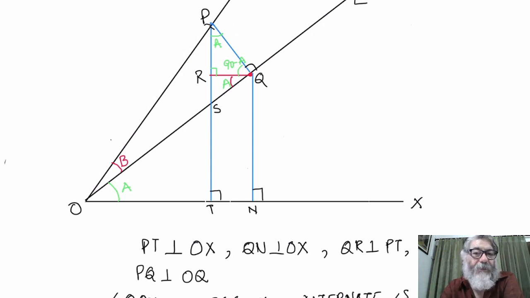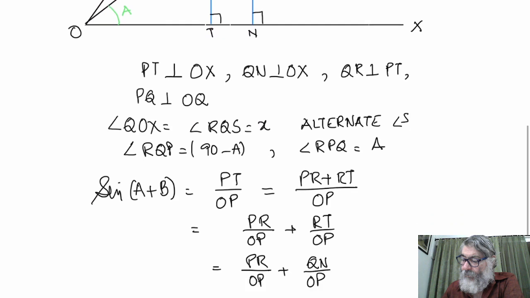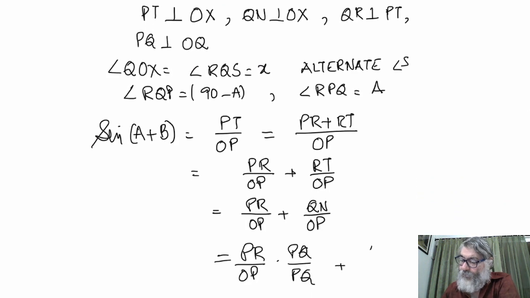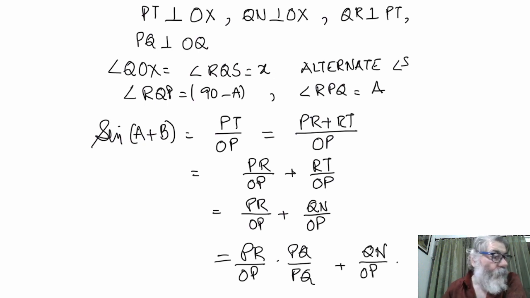So again, I will multiply and divide it by OQ. I will do QN upon OP multiplied by OQ upon OQ.